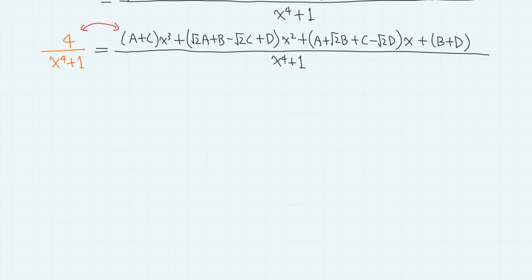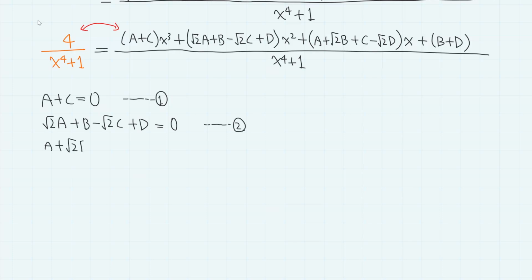Therefore, comparing coefficients, we have a plus c equals 0, square root of 2 a plus b minus square root of 2 c plus d equals 0, a plus square root of 2 b plus c minus square root of 2 d equals 0, and b plus d equals 4. We have 4 unknowns and 4 equations, so this is solvable.